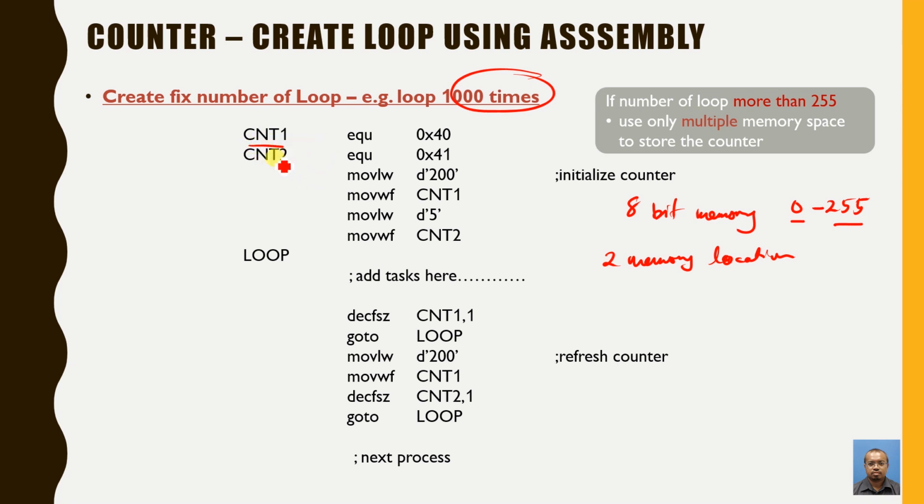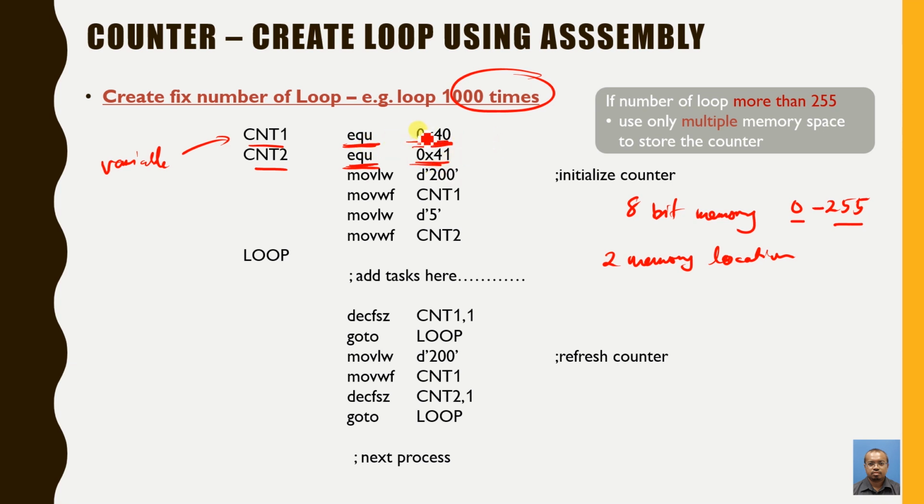Okay, count 1, count 2. As I said just now, this is the variable. You can use whatever names that you want, and then you use this EQU, meaning equal, and then this register address.